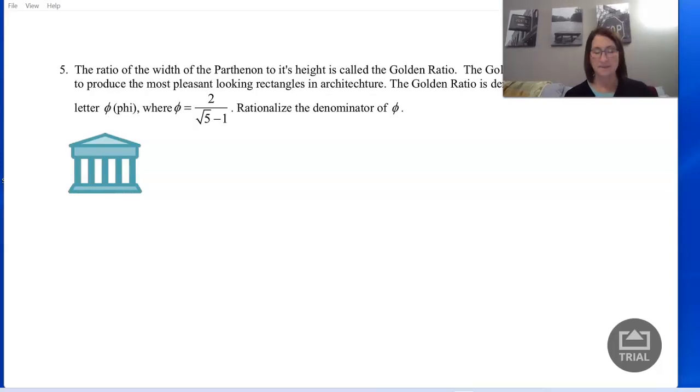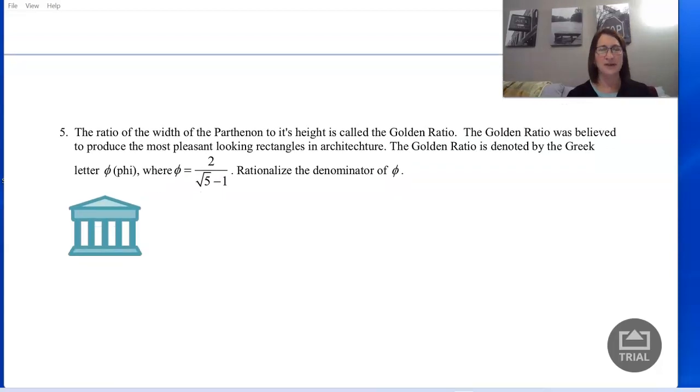Here we've got the ratio of the width of the Parthenon to its height, called the golden ratio. The golden ratio was thought to produce the most pleasant looking rectangles in architecture.